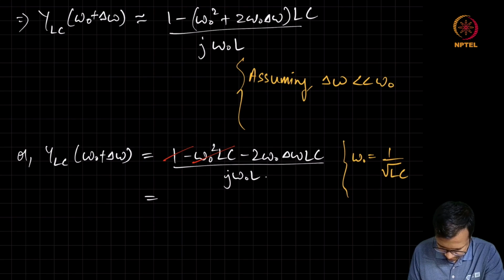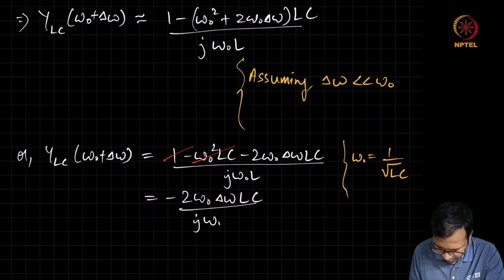So these two will cancel. We see that this is becoming minus 2 omega naught delta omega LC divided by j omega naught L.